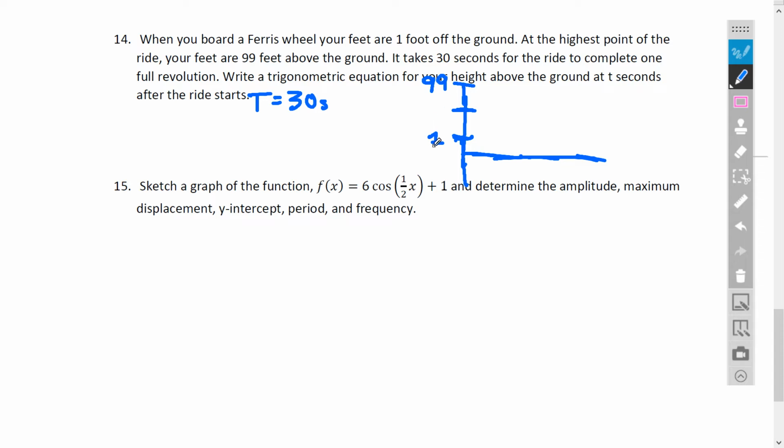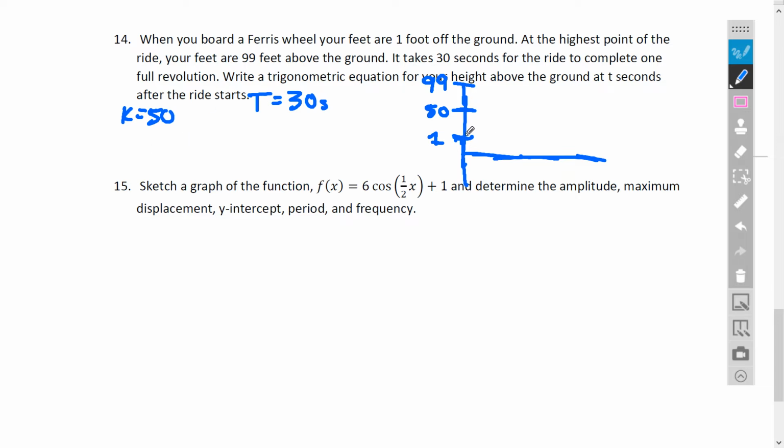The average of two numbers will give you its midpoint. Essentially, we're looking for the midpoint of 99 and 1. So we'll add them together and divide by 2, which gives us that the midpoint here is 50. So we have a vertical transformation of 50.